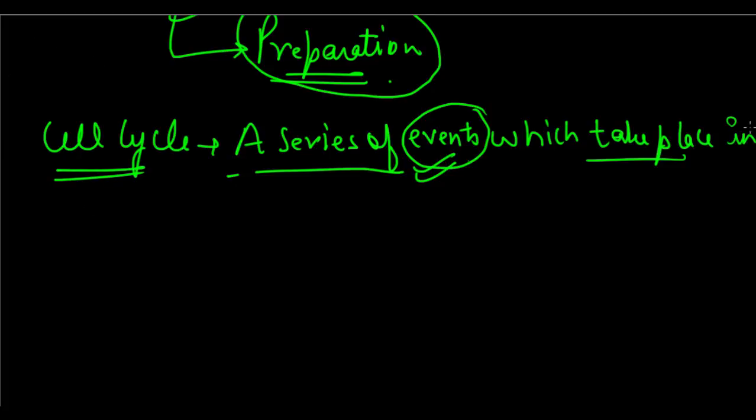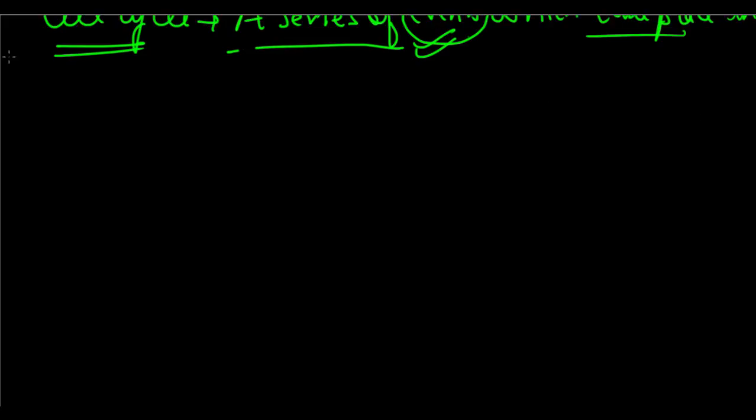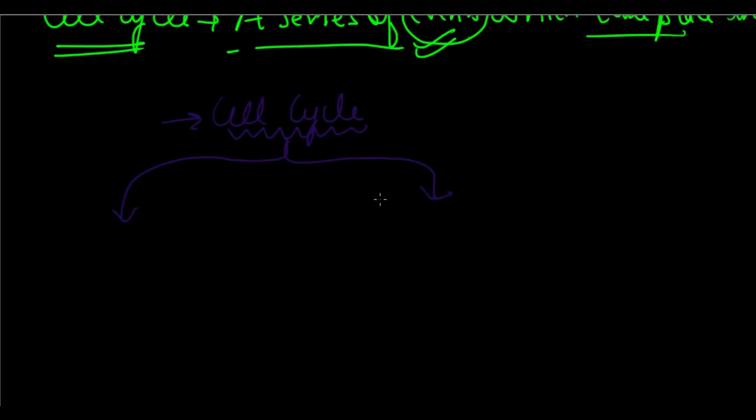Basically, let's have now a detailed look at the cell cycle. It's nothing but a series of events, which we just discussed. There are mainly two phases of the cycle.